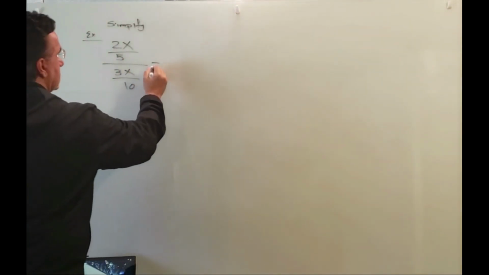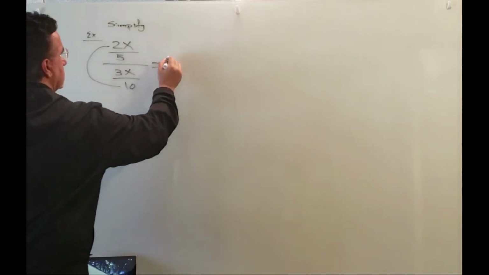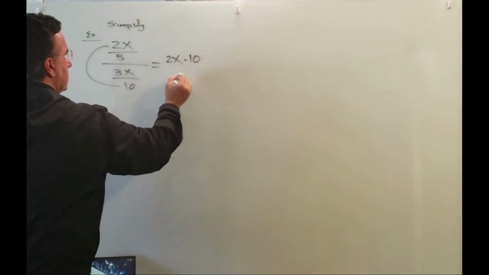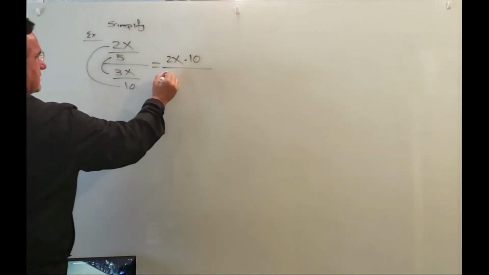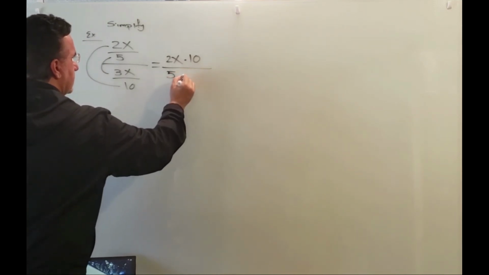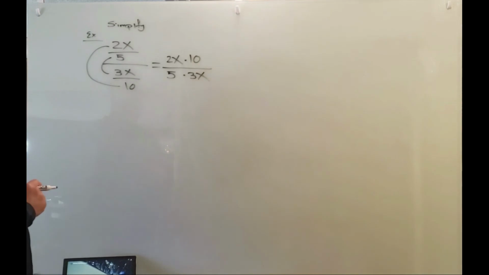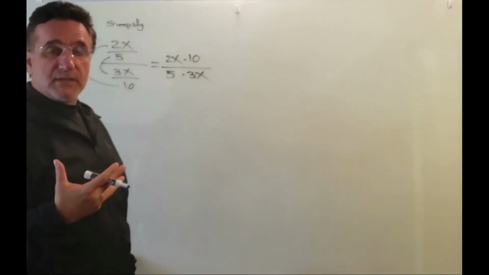Remember, this is going to be the far product, which is 2x times 10, over the near product, which is 5 times 3x.